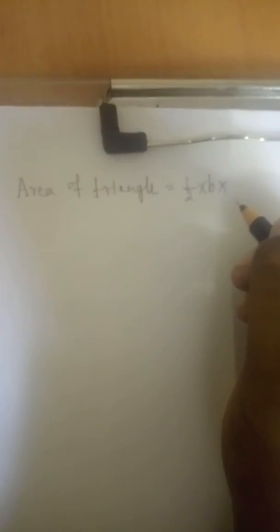We all know that area of a triangle is half into base into height. So let's understand what I'm trying to say. Area of any triangle, when the perpendicular is given, we write it as half into base into its height.